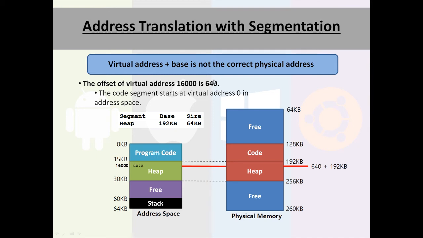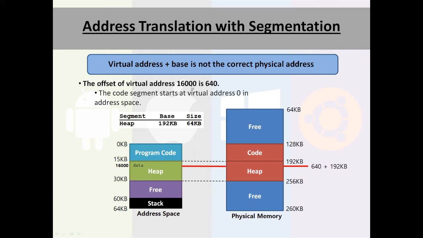So what you're doing is taking the start of the segment and saying, okay, I have the virtual address minus the start of that segment. So we take 16,000 minus 15 KB, and that's how you get the offset. So basically each segment now hypothetically starts from 0 and goes until its size, if you think about it in that sense.